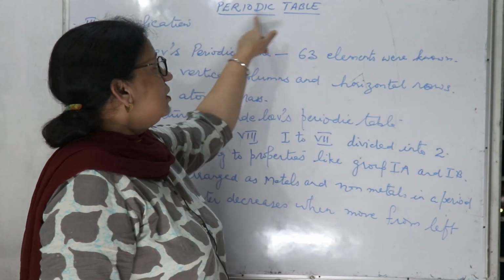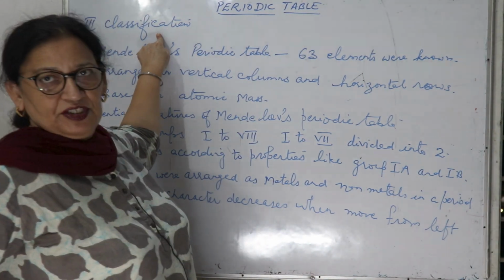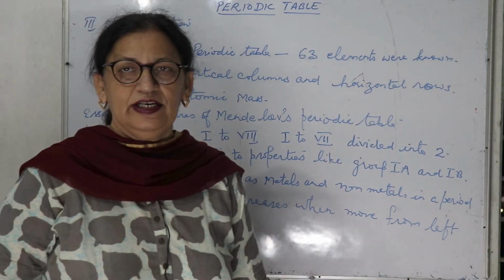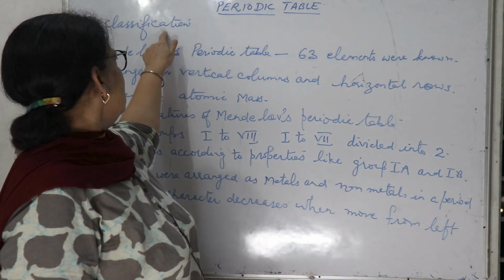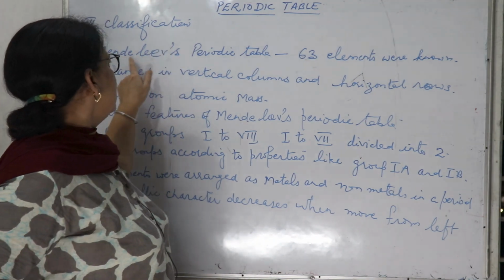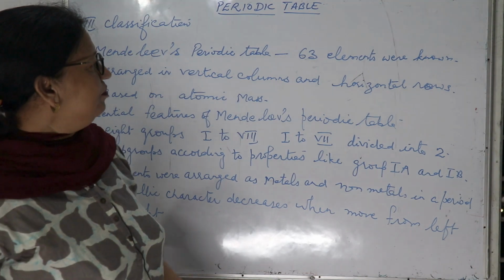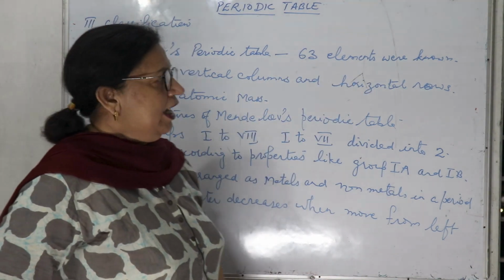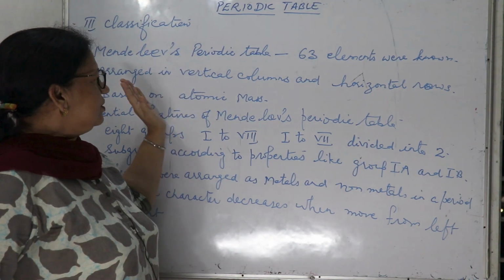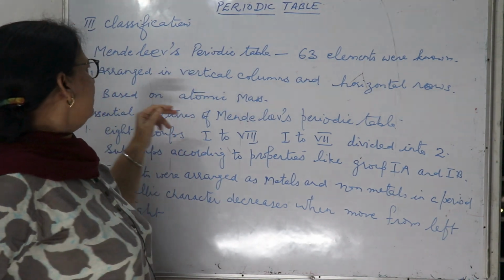Let us continue with our chapter, that is periodic table. The next classification we did was Dobereiner's law of triads, we did Newland's law of octaves, and the next classification is Mendeleev's periodic table. At the time of Mendeleev, only 63 elements were known, and Mendeleev was the first who made a proper table for the elements.